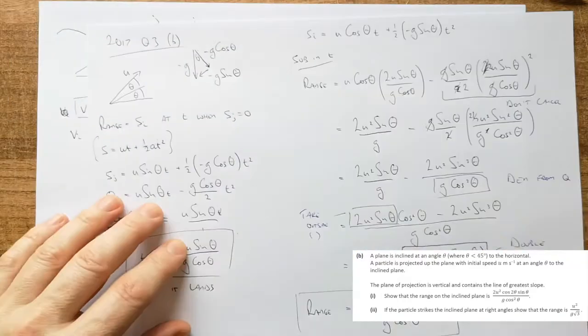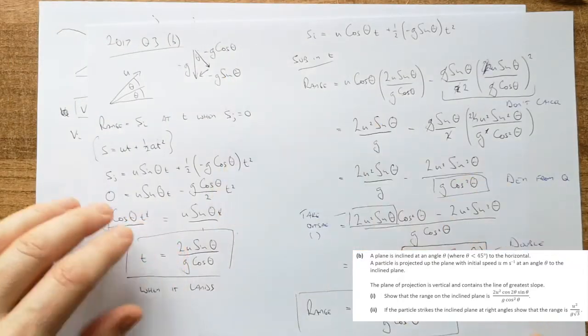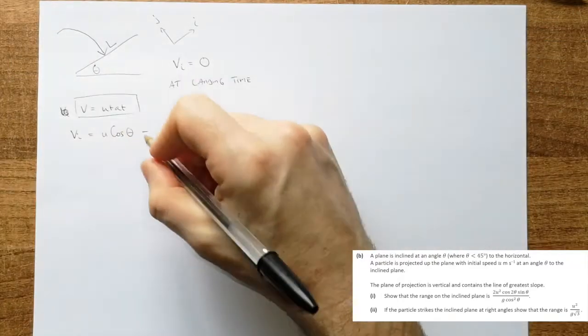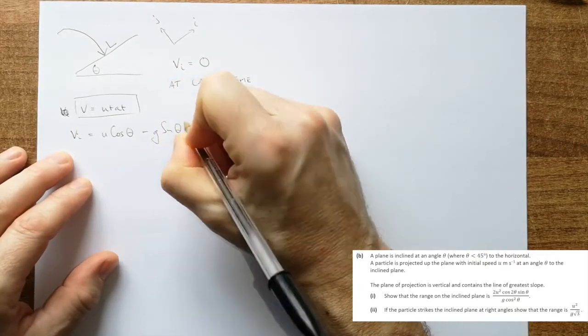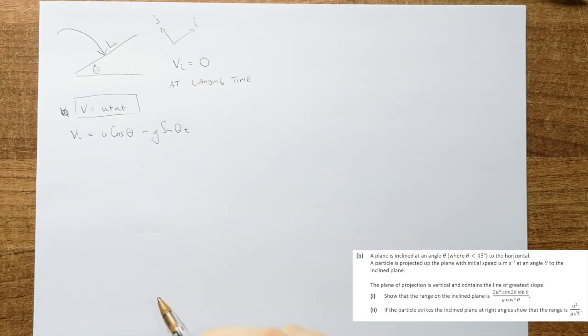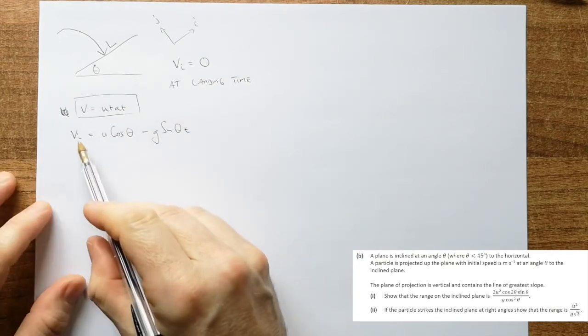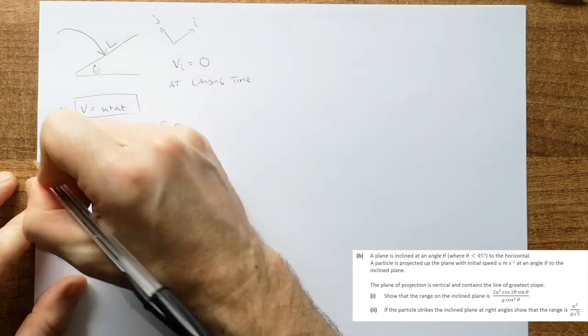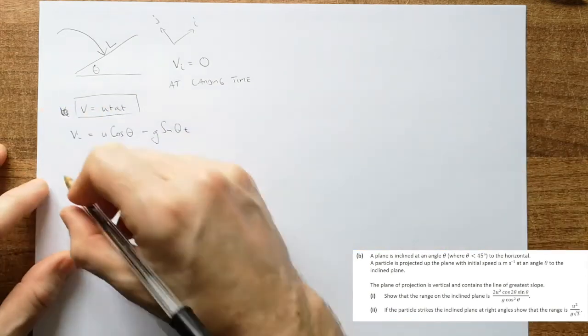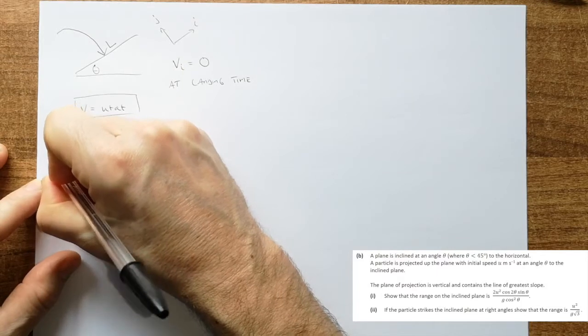If we go back to our drawing here, minus g sine theta, that's what's slowing it down. So two ways you can go at this one. You can either say that this equals 0, or you can use t from before. There's not really much to it. I'm going to use t from before.